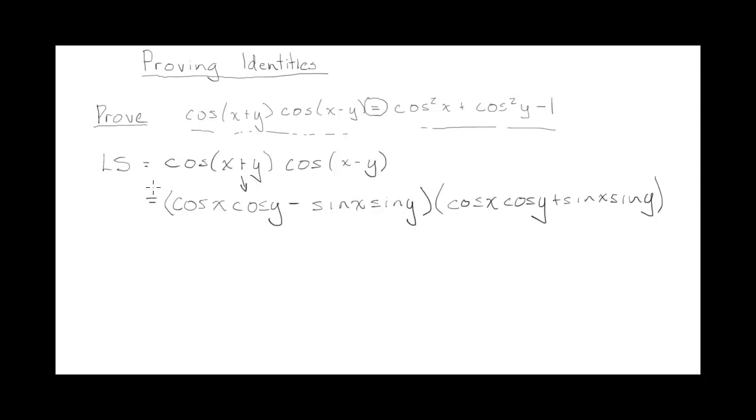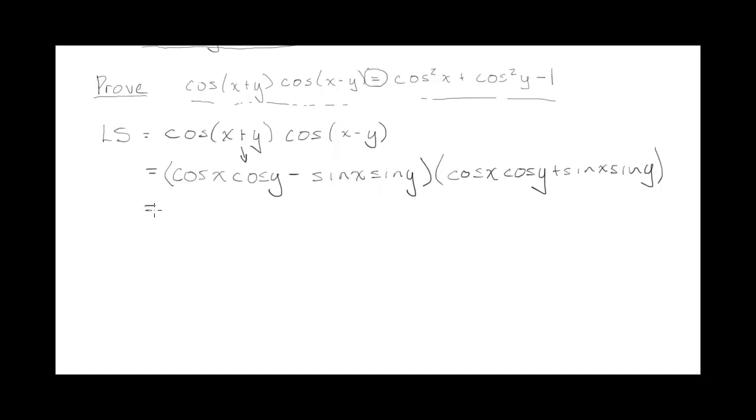I've got two brackets multiplied together, so I can just expand, just like you would expand normal binomials. Cosine x cosine y times cosine x cosine y gives cosine squared x cosine squared y. Then cosine x cosine y times sine x sine y, so plus cosine x cosine y sine x sine y. Then multiplying the second term by the first bracket gives minus sine x sine y cosine x cosine y.